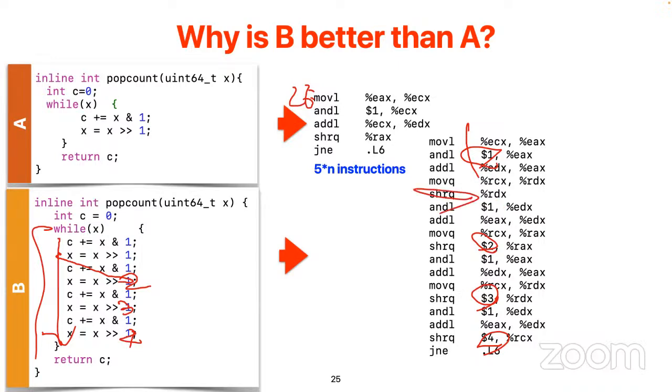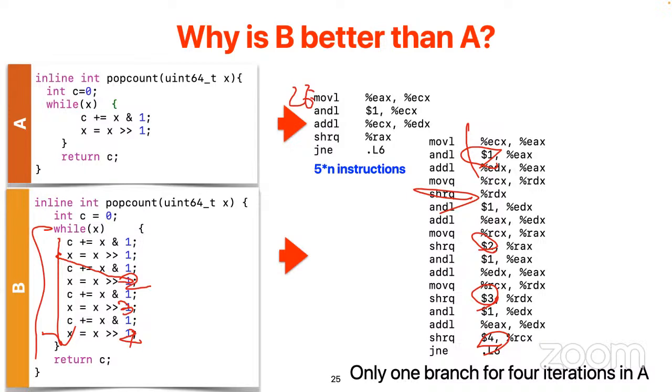So the thing is, this helps break up the data dependency chain and allows instruction level parallelism. The other thing is that we only need 1 branch for every 4 iterations. So we reduce the number of branch instructions.